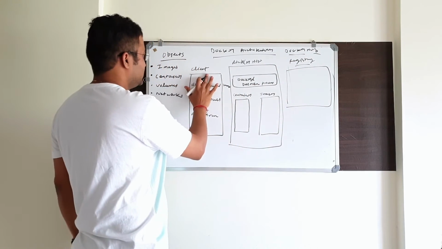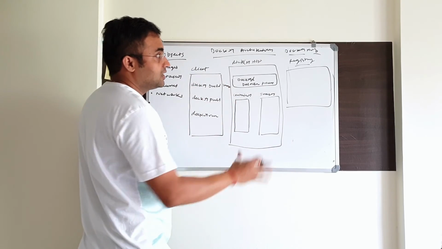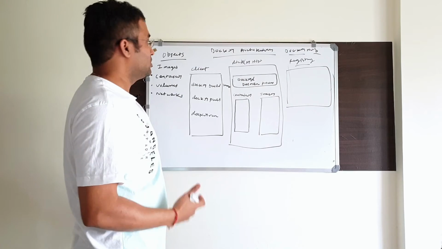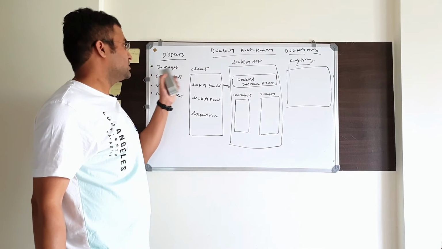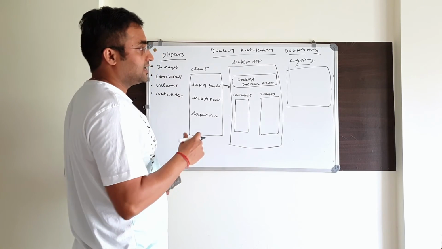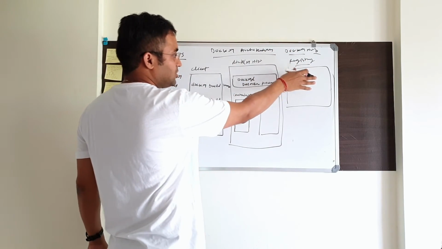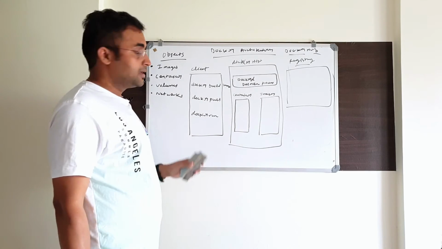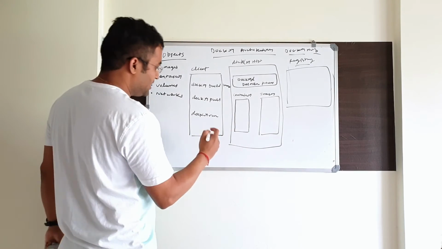These images are by default available in the Docker Hub public repository also. Like I was talking about the base image, the Ubuntu image, you can directly pull it from the public repositories. Those images you can also create on your own by using a Dockerfile.